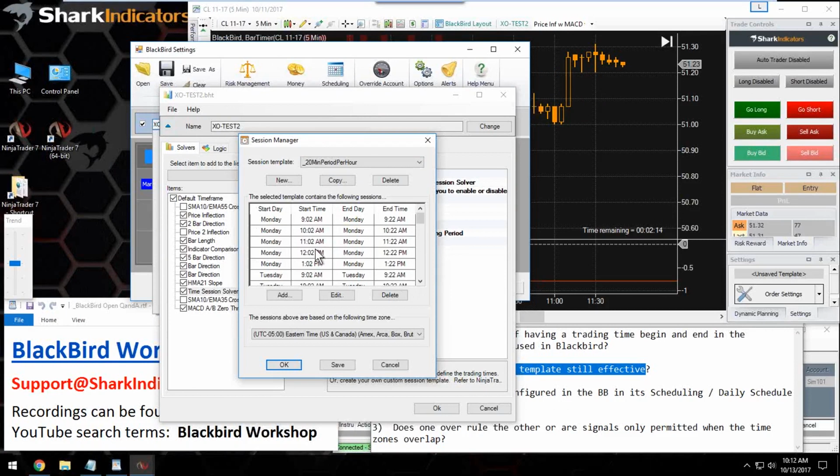So this is an odd one. This session template for BloodHound, to kind of illustrate, it creates a 20-minute window of time every hour, right? So at 9 a.m. to 9:20, there's a 20-minute period, and then 10 to 10:20, there's a 20-minute period.